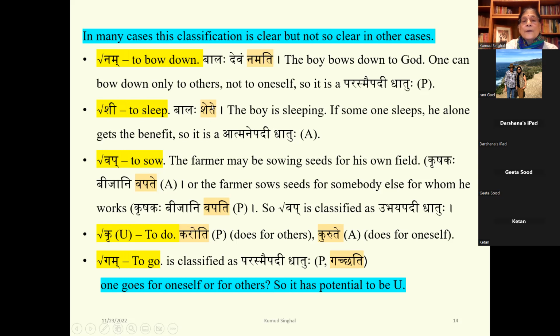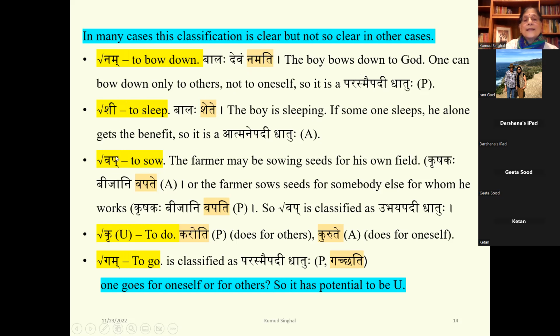Here the atmanepada verb form is shete, not shiti like namati. So if the dhatu is parasmaipadi, then the verb form will be different than when it is an atmanepadi dhatu. Balah shete. The boy is sleeping.